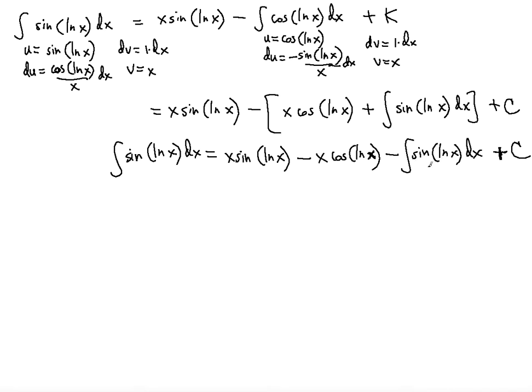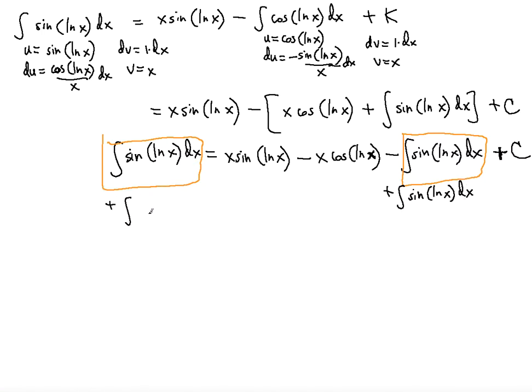You can treat this as a variable, because you see that you have two identical integrals. So you're going to add this integral on both sides, and treat it like a variable.